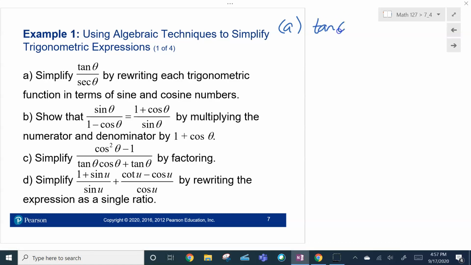So let's take tangent over secant. By our quotient identities, the tangent is sine over cosine, and the secant we know as 1 over cosine, from the reciprocal identities. And now we've just got this complex fraction, so we multiply by the reciprocal of the denominator there. Keep, change, flip, if you will.